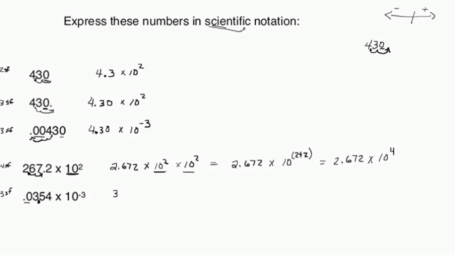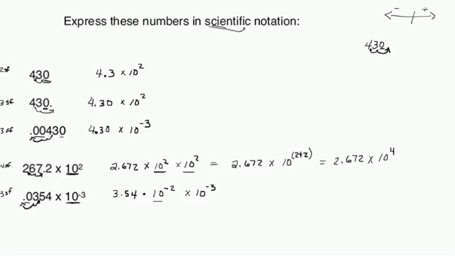So we're going to write 3.54. Now you move your spaces, your powers of 10 back in the direction of the original decimal, so we're going to move back in the negative direction 2 spaces. So that's going to be times 10 to the negative 2. Now we also have in the original number times 10 to the negative 3.